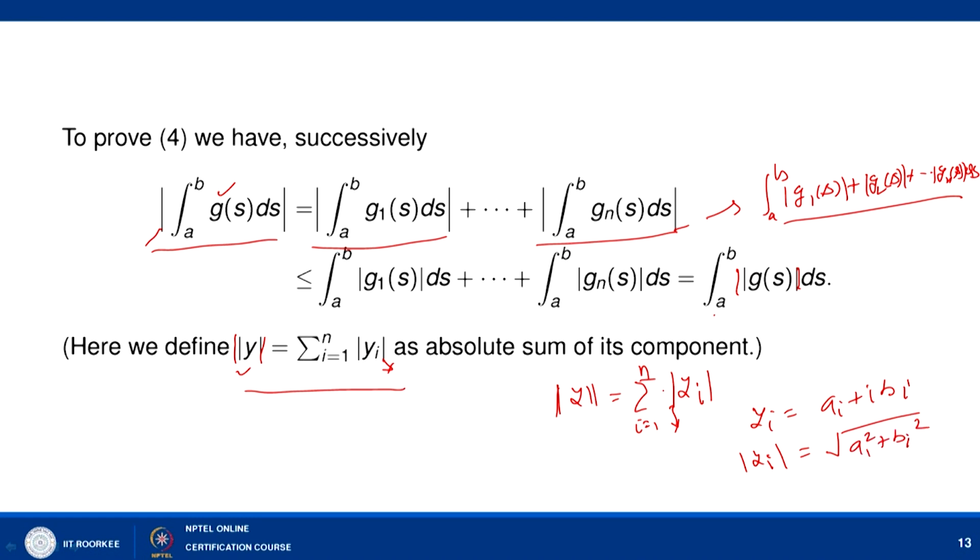Right now I am assuming that yi are real valued functions, that is why I am calling it the modulus function, otherwise it will give you the absolute value. So in case of complex, I can consider the modulus of yi as the square root of ai square plus bi square. This property is very useful and we will use it in later slides.